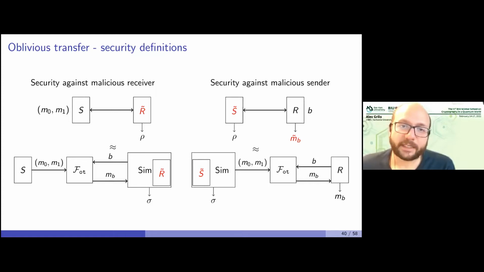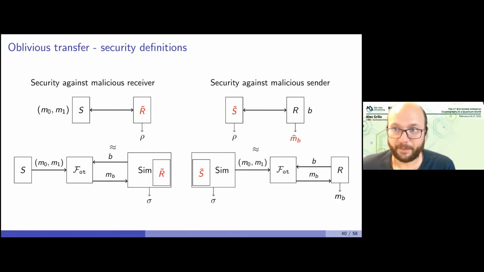In the ideal case, instead of the malicious sender, we have a simulator that is able to run the sender backwards and forward and that interacts with this ideal functionality. And this ideal functionality interacts with the receiver.